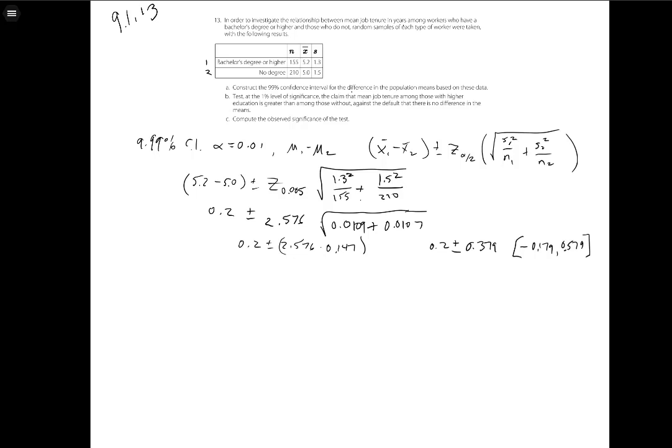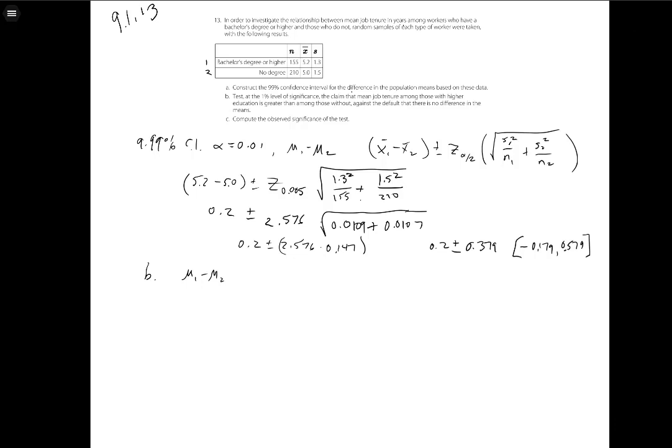Let's continue on. Let's look at B. In B, we're testing at the 1% level of significance the claim that the mean job tenure among those with higher education is greater than those without, against the default that there is no difference in the means. So we're looking here at the difference between our mu1 and mu2. Is there a difference or not?